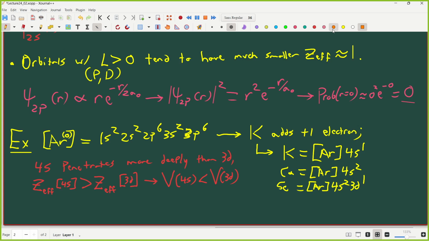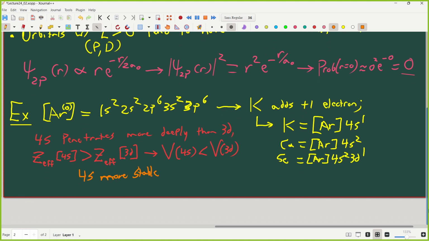So 4s is more stable because it feels a stronger charge, more attracted to the core of the atom. So the 4s's go first. And you'll see that trend continues as you go down the periodic table.